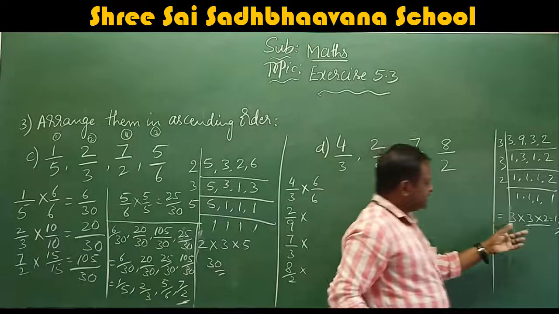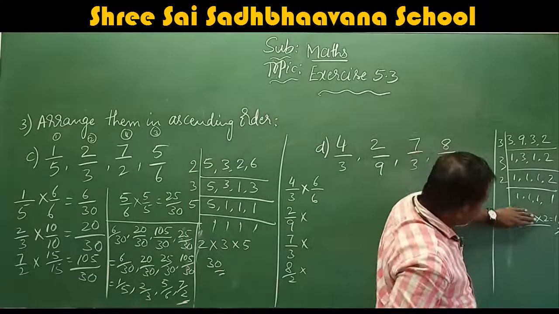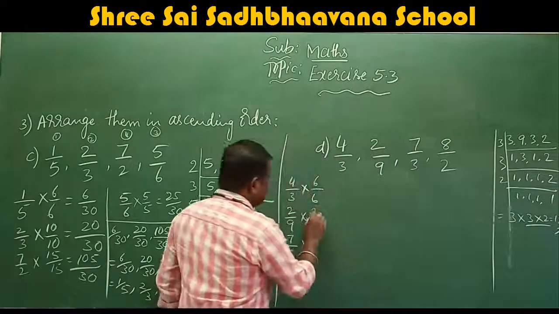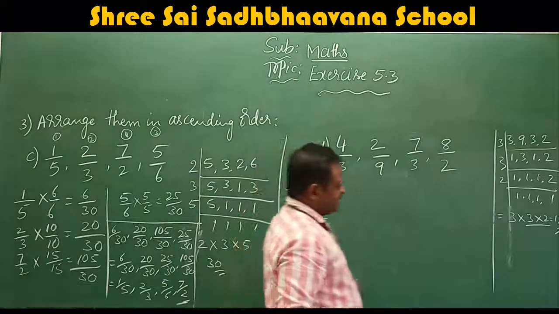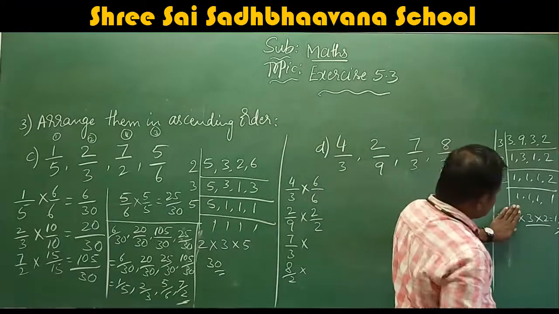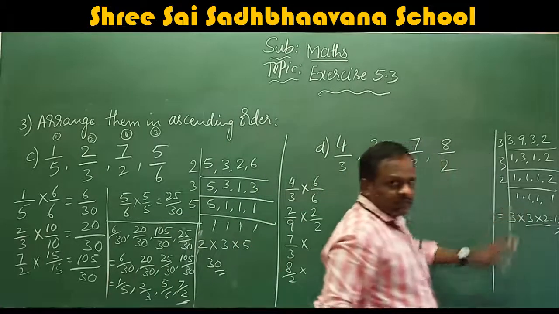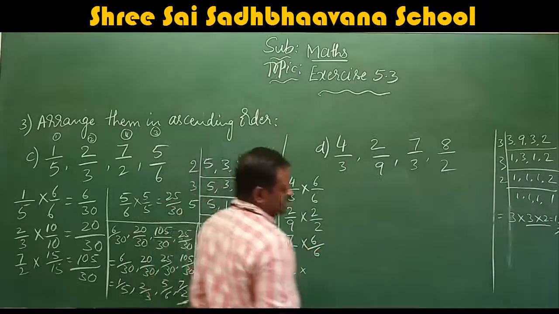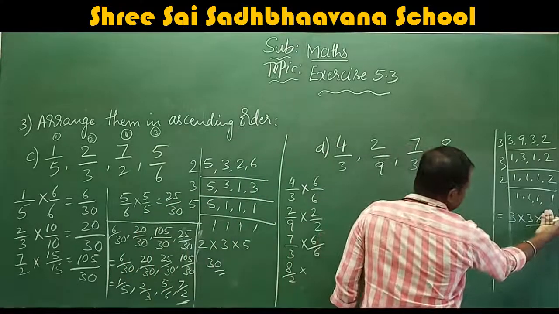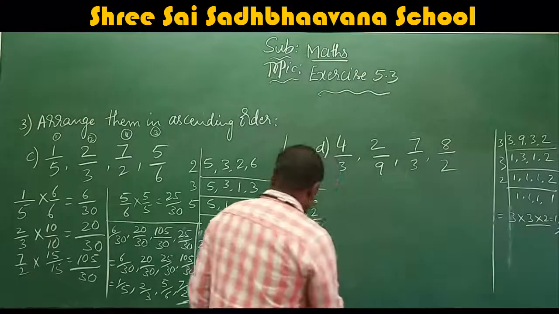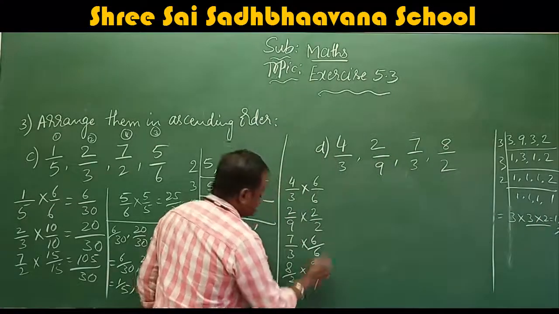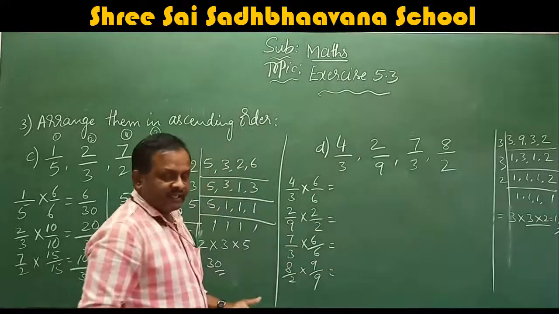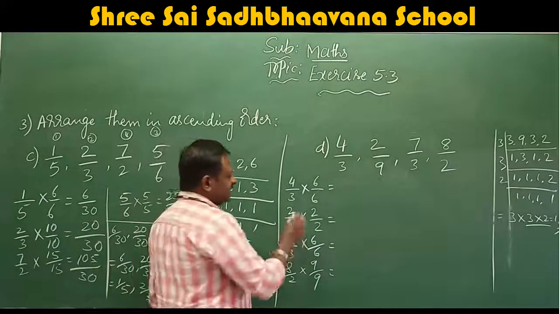Here 9: 3 threes are 9, forget this; the remaining number is 2, so multiply by 2 by 2. 7 by 3: for 3, forget this one; the remaining 3 twos are 6, so multiply by 6 by 6. 8 by 2: forget this one; the remaining is 3 threes are 9, so you multiply by 9 by 9 to get the same denominator.